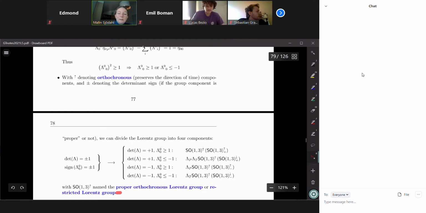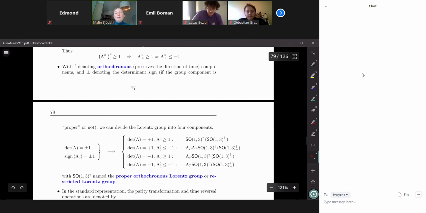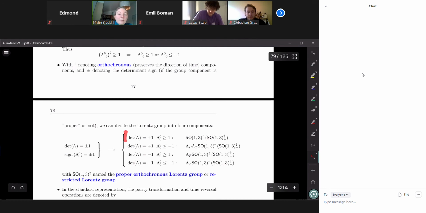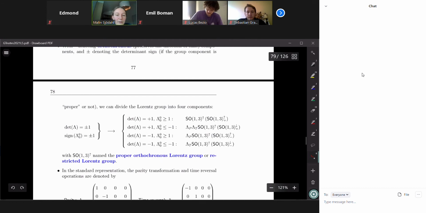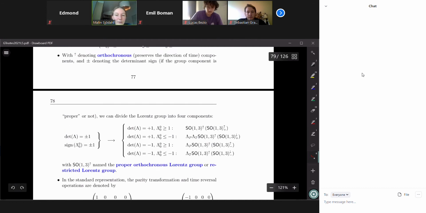So we will actually mostly be talking about the restricted Lorentz group, which has determinant 1 and lambda 0, 0 being also 1. So this is what we'll mostly talk about, but you should be aware that there are other so-called components of the Lorentz group, in total 2 times 2 components.